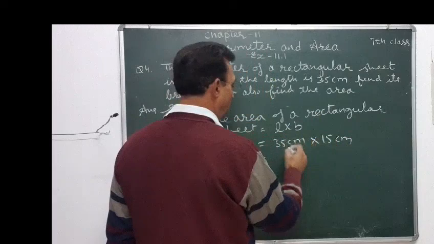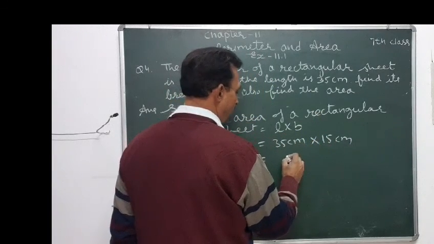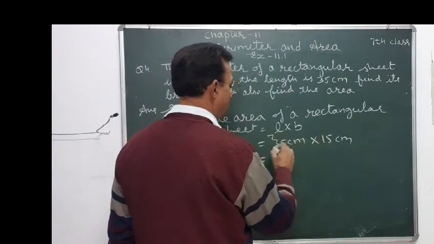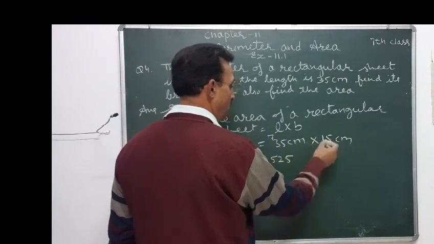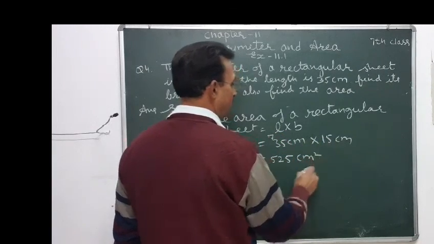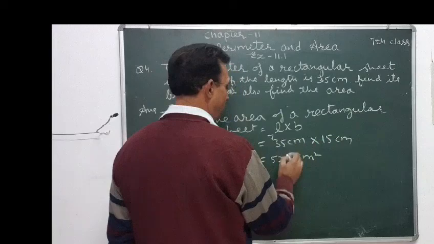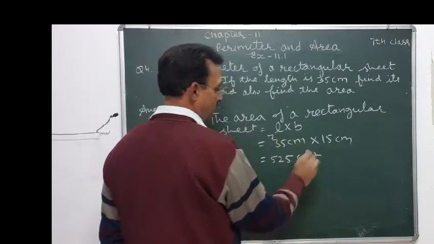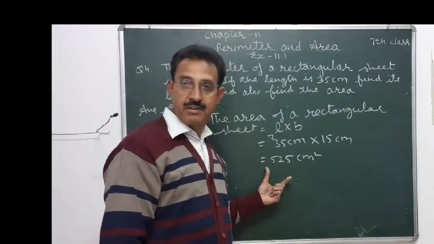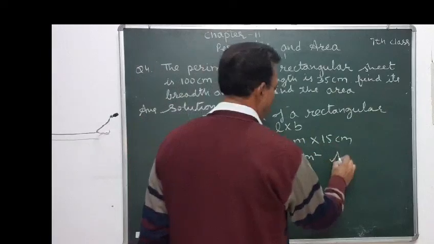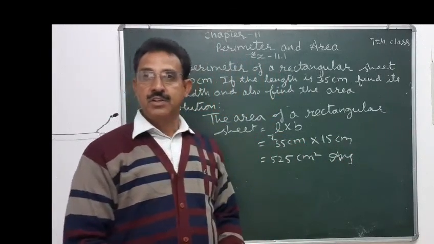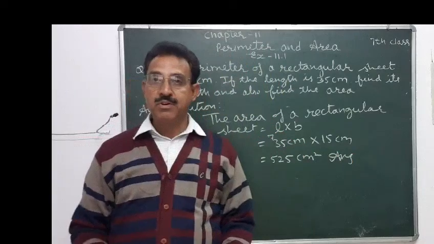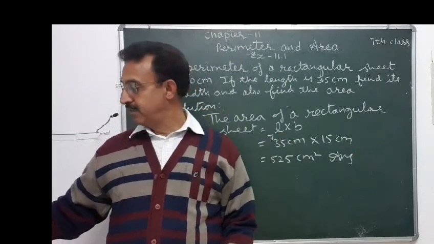So 15 into 35: 15 5s are 75, 15 3s are 45 plus 7, 52. So 15 5s are 75, 15 3s are 45, yes, 525 centimeter square is the area of the rectangular sheet. Now let's move to question number 5.